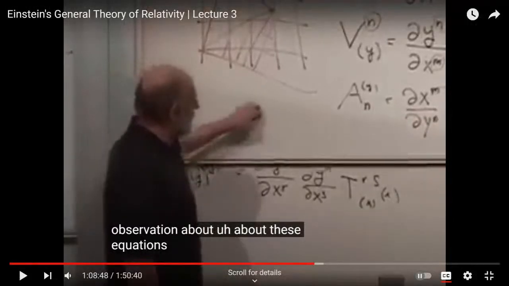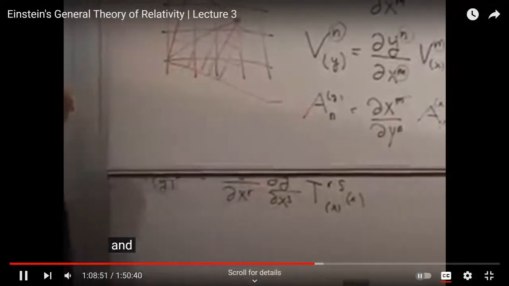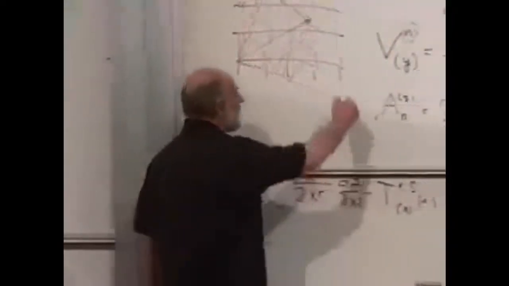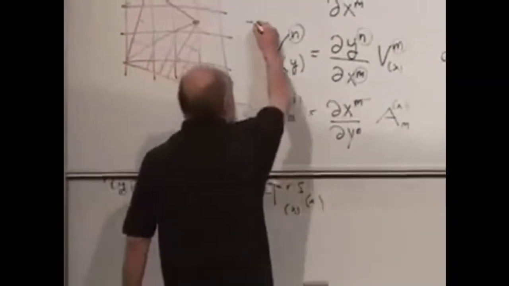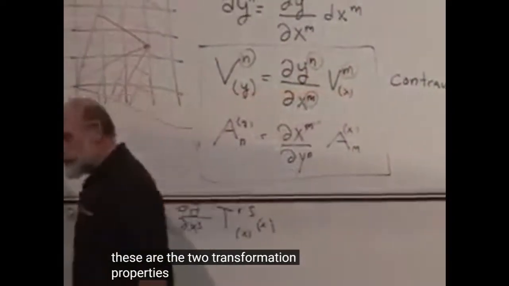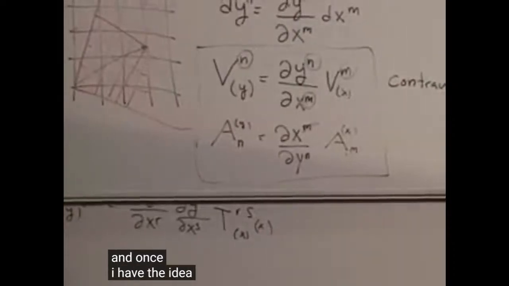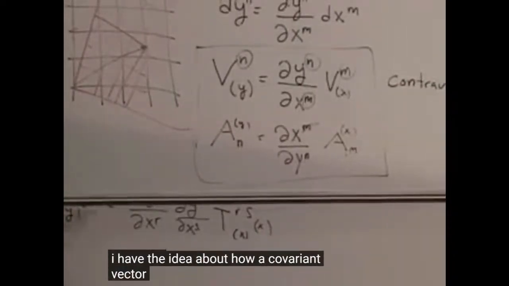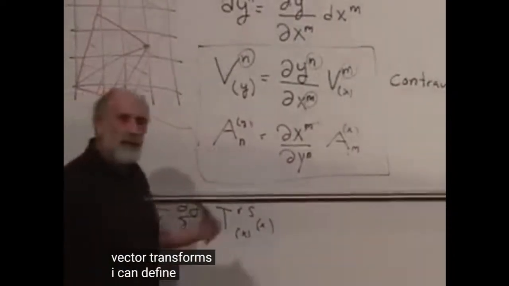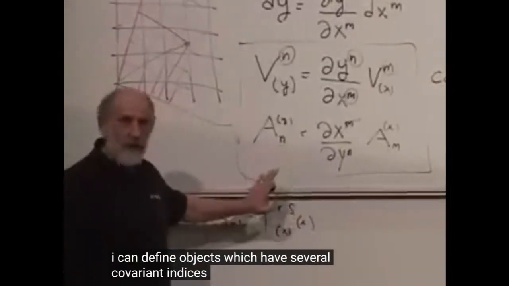These are the two transformation properties. And once I have the idea about how a covariant vector transforms, I can define objects which have several covariant indices.